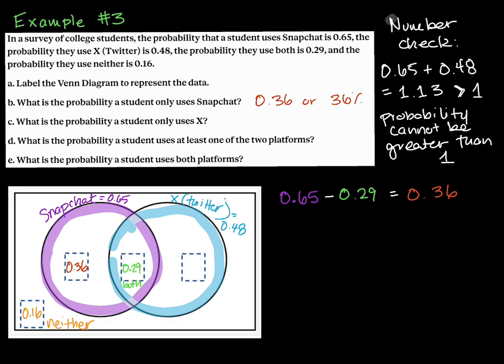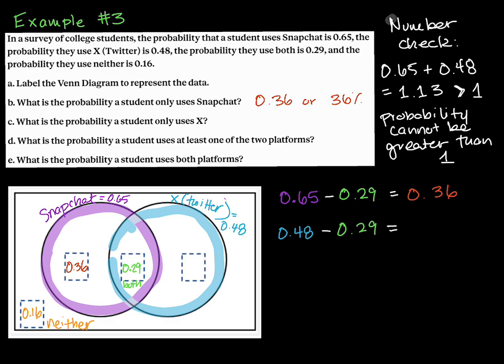And then the probability that the student only uses X, or Twitter: we take the 0.48 and subtract the same intersection, because it's the same 29% who use both.